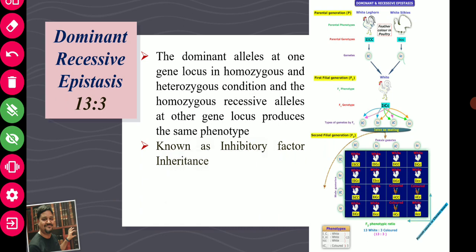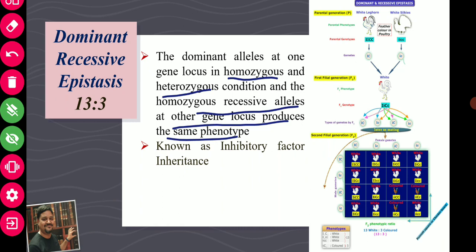Dominant-recessive epistasis. What it tells is that the dominant allele at one gene locus in homozygous or heterozygous condition and the homozygous recessive allele at the other gene locus produce the same phenotype.